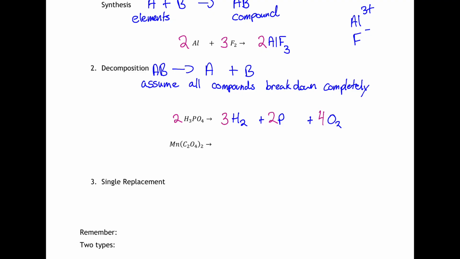Excellent. Let's do the next one, Mn, and it looks like an oxalate set here. So we're going to break this thing down into an Mn piece, plus a carbon piece, almost called a copper piece. It's a carbon piece and an O2 because it comes in pairs.